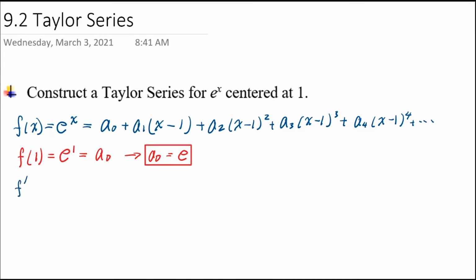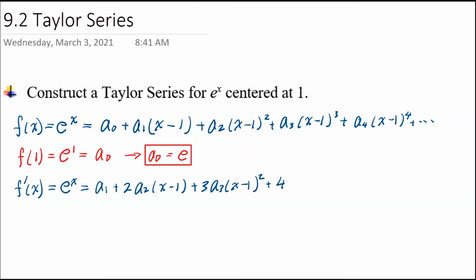So we take a derivative on both sides now, on all three sides. This is still e to the x. The first term dies, and you have a1, and this becomes 1. And then plus 2 a2 (x minus 1), plus 3 a3 (x minus 1) squared, plus 4 a4 (x minus 1) cubed, and dot dot dot.